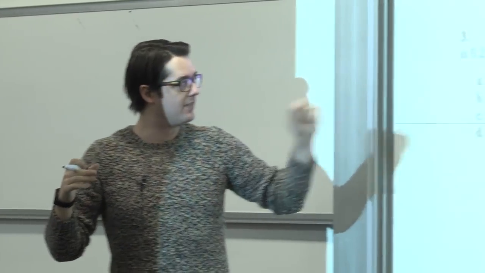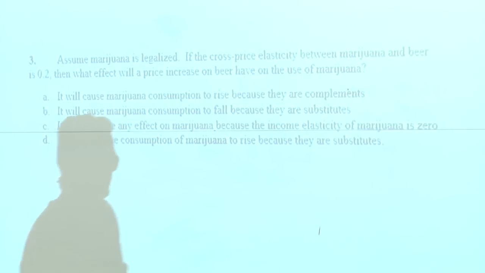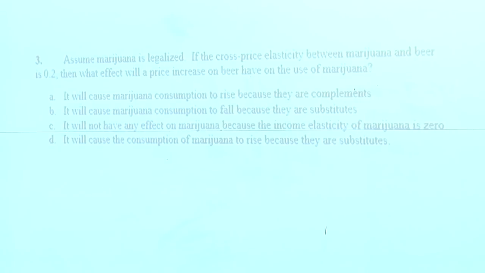Okay, so then if that is true, which of these answers is going to be correct? Well, we know it's not going to be A, because they're not complements. We said they're substitutes. B, it will cause marijuana consumption to fall because they're substitutes. Does that make sense?